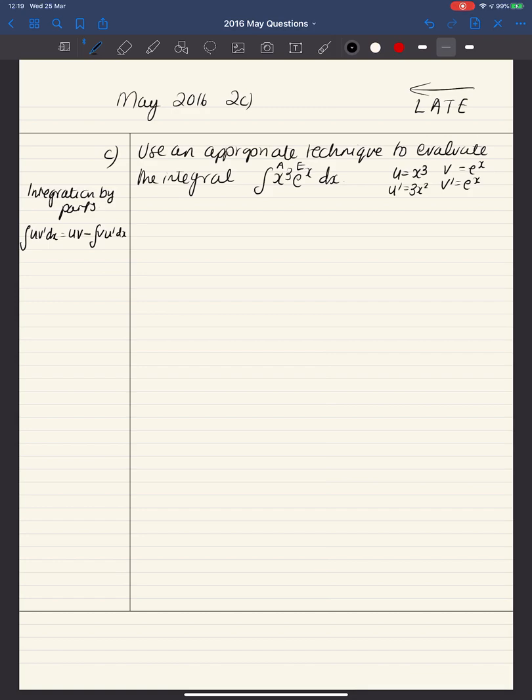So substituting into integration by parts, I've got this bit sorted out, that's the x cubed, that's the e to the x. uv is x cubed e to the x, minus the integral of v u dashed, so it's e to the x times 3x squared dx.